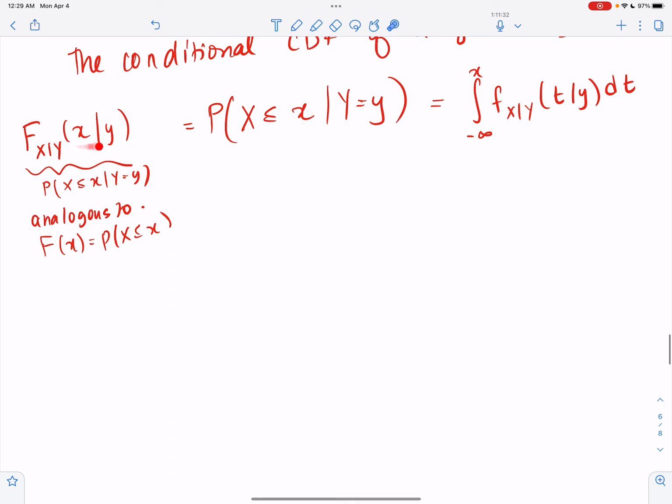Of course, you could think of this as a function of two variables, and when y changes, this function would change too, but you're not thinking of it like that. You normally just think, y is a certain value, and if y is that value, what is the behavior of the random variable x?